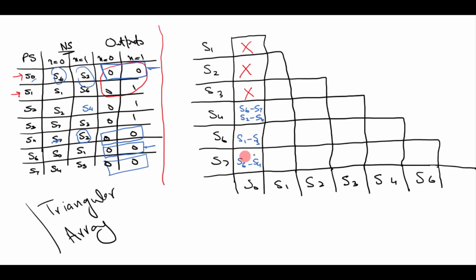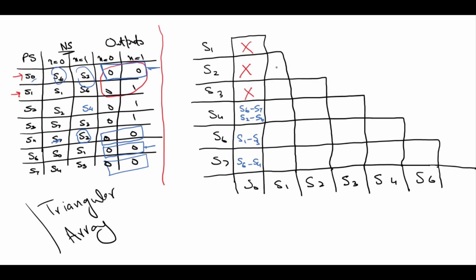So I am not writing that here; I am only writing S4 and S6. So if S6 and S4 are equivalent, only then S0 and S7 will be equivalent.